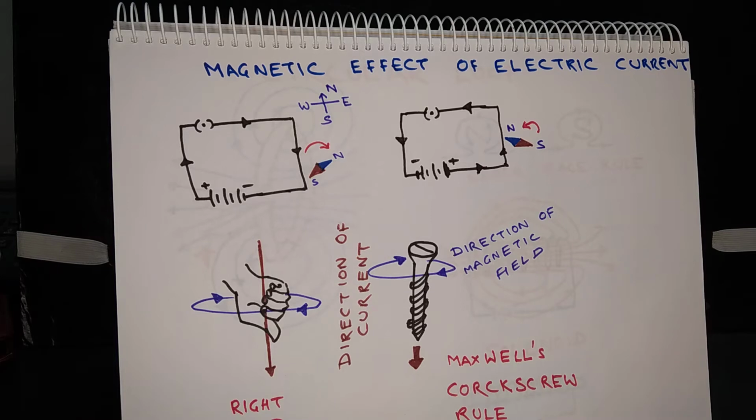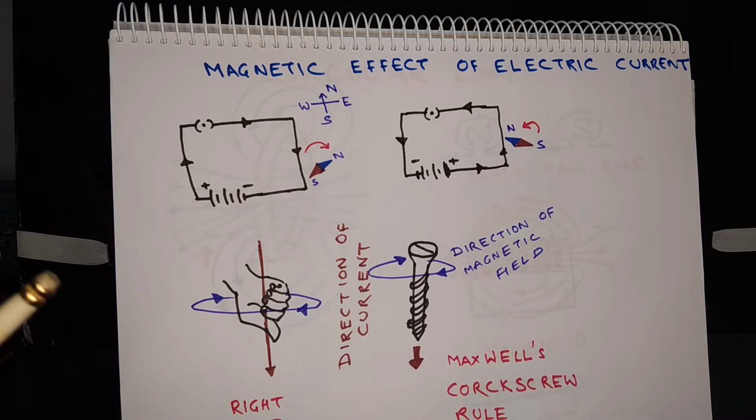That means the direction of magnetic field because of current carrying conductor will depend on the direction of electric current. And to establish the direction, a rule was proposed, that is called the right hand rule, or it is also called Maxwell's corkscrew rule.